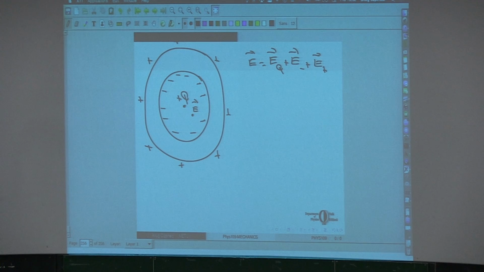What is the electric field created by the negative charges at this point, P? It is 0.